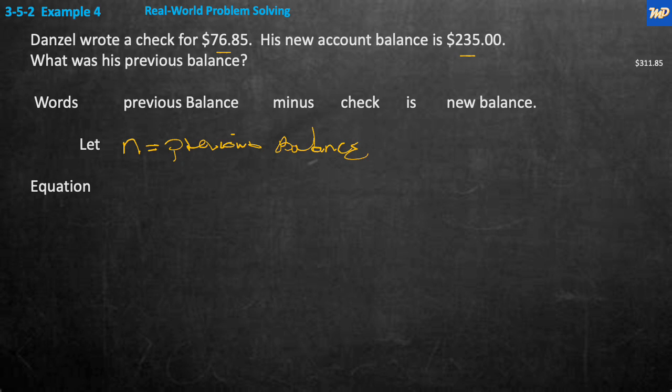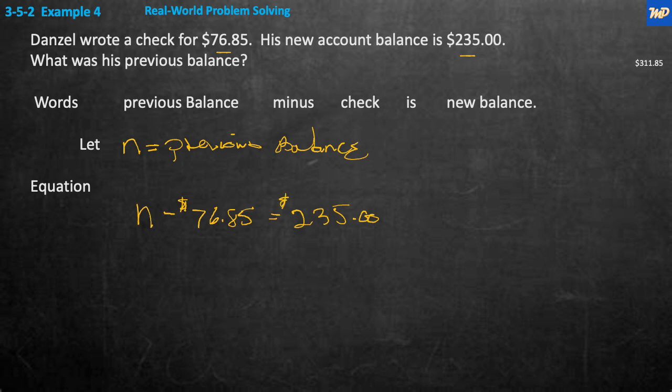So previous balance, n, minus the check, which is $76.85, is now equal to $235 even.